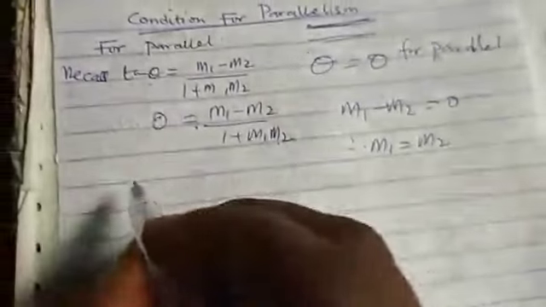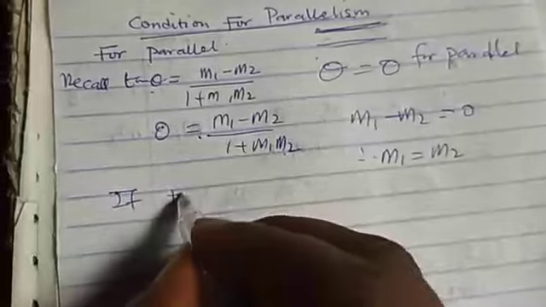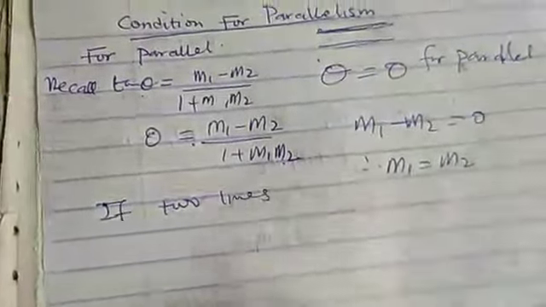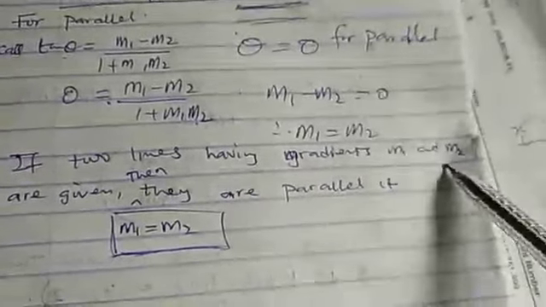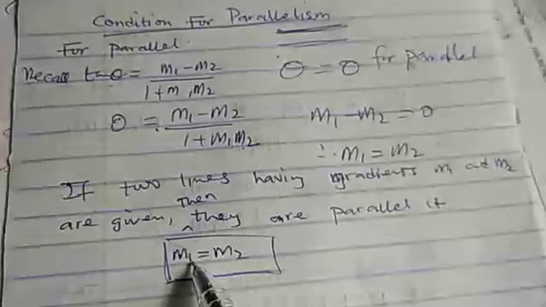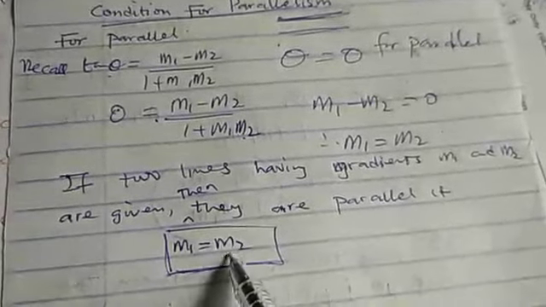What we are saying in essence is that if two lines having gradients m1 and m2 are given, then they are parallel if m1 is equal to m2. If two lines are parallel, then they have the same gradient.